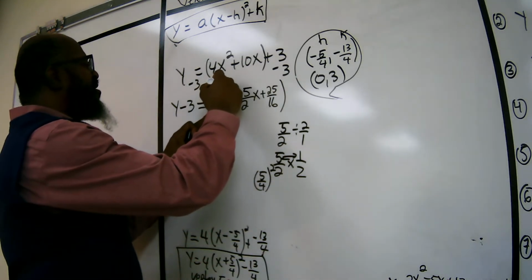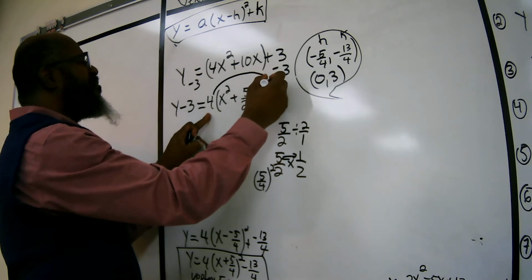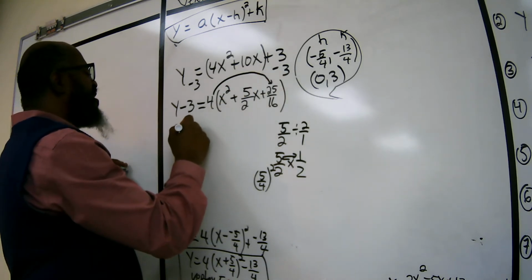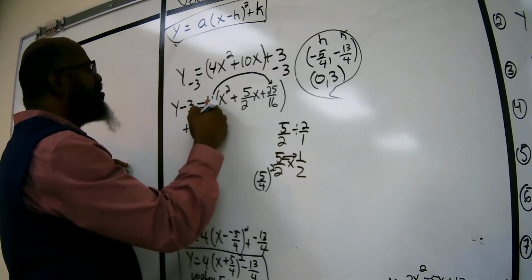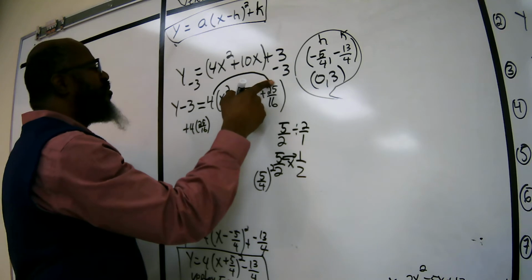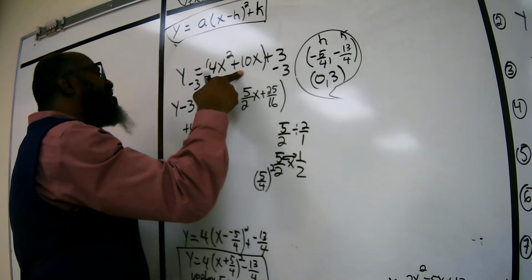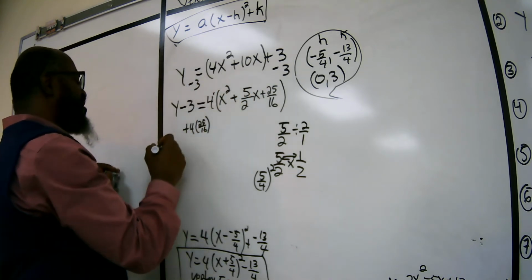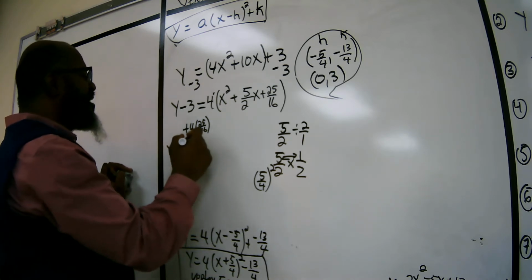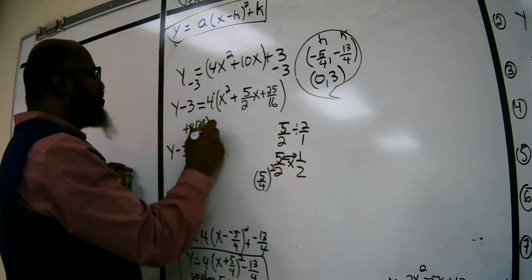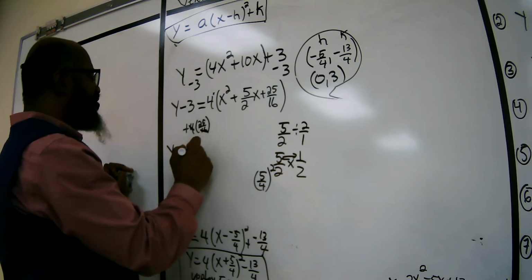But to add on the other side, you have to distribute the 4 by that. Then you will add 4 times 25 over 16 on the other side. If you do this properly, that's what you really add on that side, and that's what you need to add on the other side. So we'll have y minus 3, 4 goes into 16 four times.